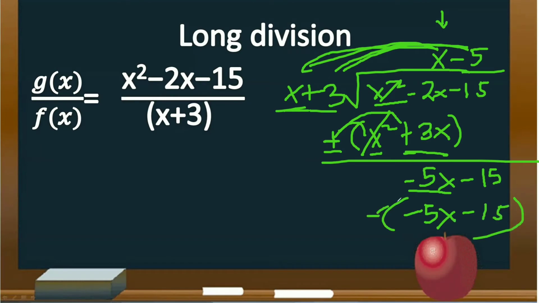We just simply distribute the negative sign. This will become positive. This will also become positive. And the operation will become addition. Add negative 5x and positive 5x, that's 0. Add 15 and negative 15, that's 0. So our remainder is 0. Our quotient is x minus 5. This is called the long division process.